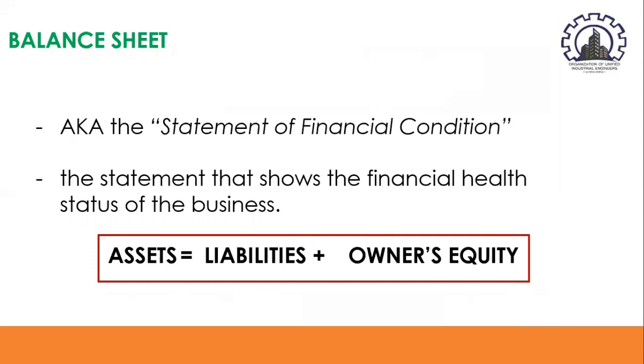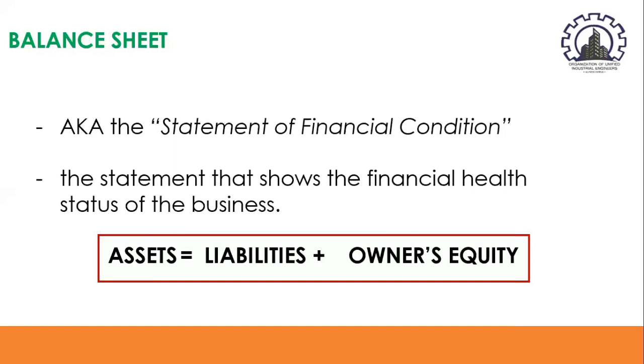And if in income statement, there are two keywords to remember, on the other hand, in balance sheet, there are three keywords that we should always remember. First, we have assets. Second, we have liabilities. And third, we have owner's equity, okay? And we will be following the accounting equation. And our accounting equation, that would be your assets equals the sum of your liabilities and owner's equity.